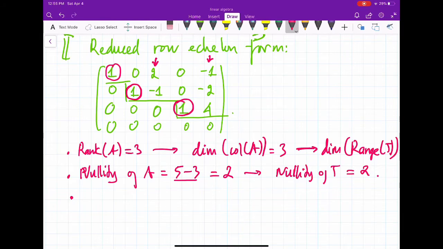From here, we see that we can pick a basis for the column space, which is the first, the second, and the fourth one, right? But you don't want to put those vectors.